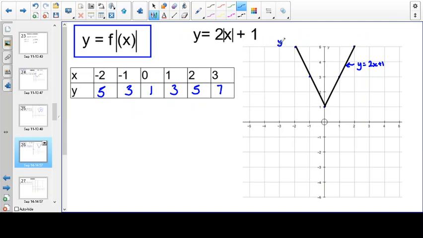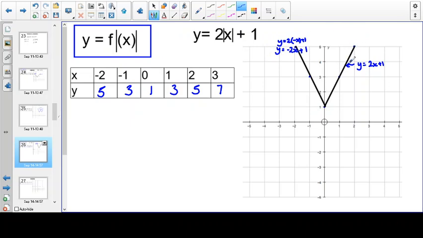This one is y equals 2 times negative x plus 1. So if you think of the two separate bits, you've got one bit where you've got the positive version and one bit where you've got the negative version. Okay, so it's ever so slightly different. If it was the modulus of the whole thing, it would come down here and then bounce back up.